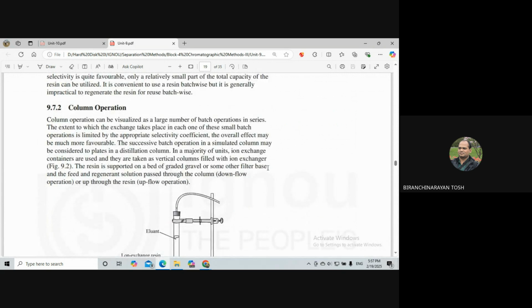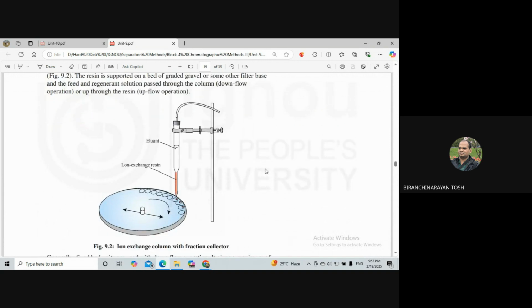In the column operation, the ion exchange column with fraction collector.